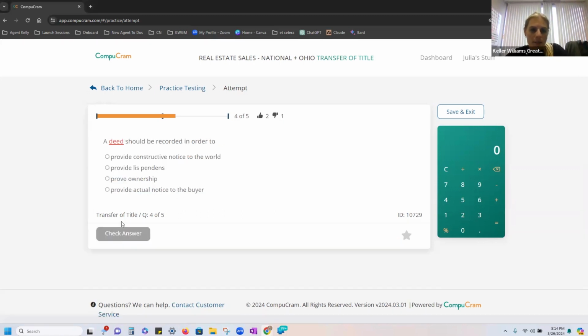All right. A deed should be recorded in order to A, provide constructive notice to the world, B, provide lis pendens, C, prove ownership, or D, provide actual notice to the buyer. So a deed should be recorded in order to provide constructive notice to the world, B, provide lis pendens, C, prove ownership, or D, provide actual notice to the buyer?